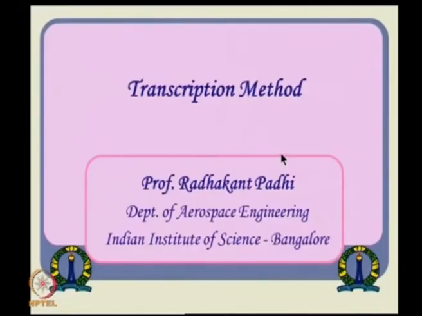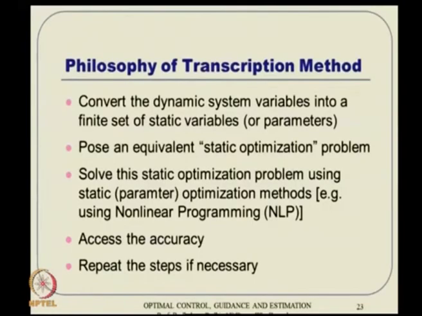Then we moved on, and we also had a glimpse of what is called a transcription method that people have used to solve it. And the philosophy turns out to be something very close to static optimization really. So what this idea tells us is something like this. We convert the dynamic system variables into a finite set of static variables, or what we call parameters now, and pose an equivalent static optimization problem.